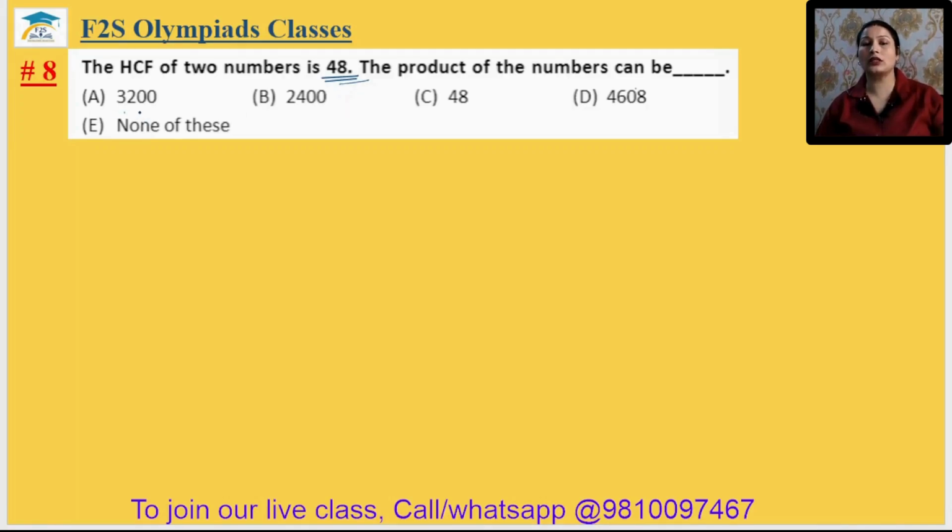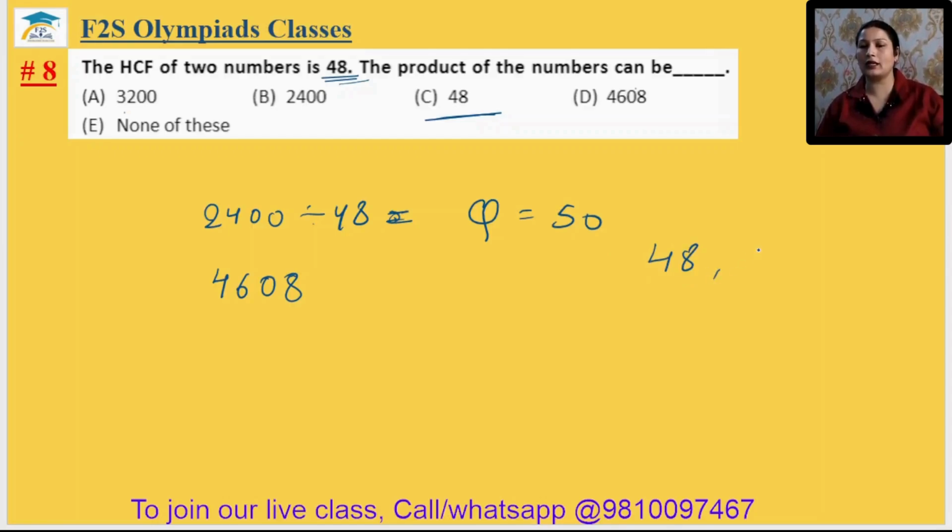So you can check whether 3200 is divisible by 48. 3200 divided by 48 is not divisible. 2400 divided by 48, the quotient is 50. Okay, 48 and 50 can be the numbers, but their HCF cannot be 48.